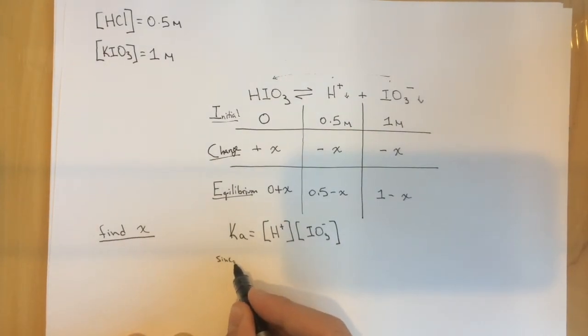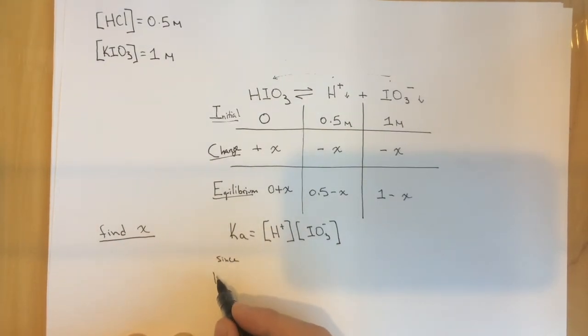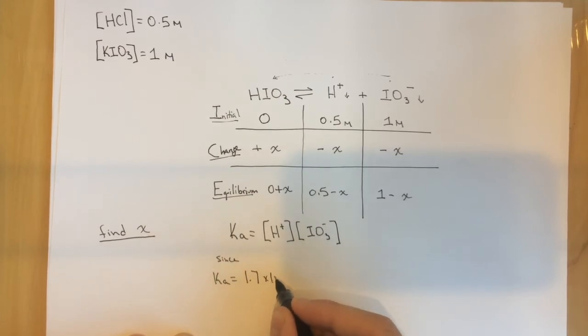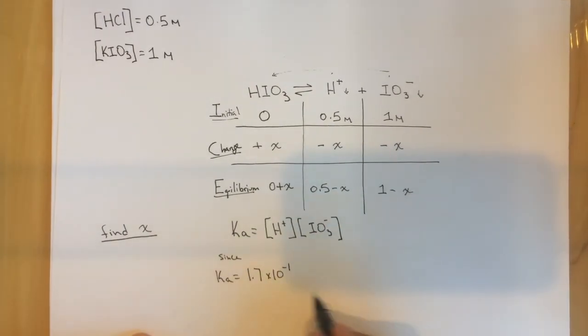Since we know that our Ka value is 1.7 times 10 to the power of negative 1. So to fill out the Ka expression, we have 1.7 times 10 to the power of negative 1.